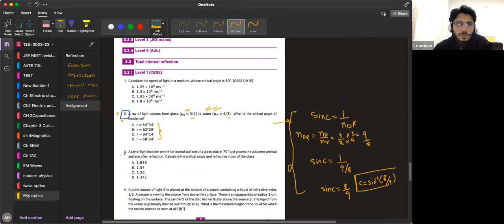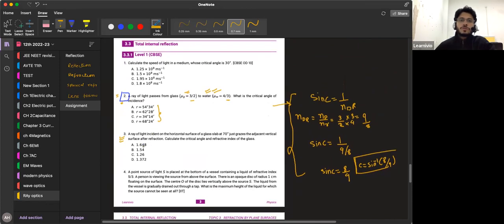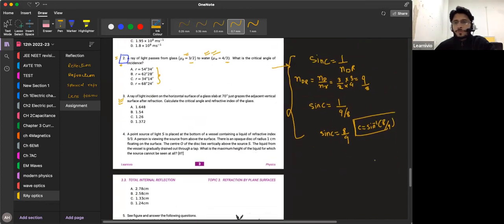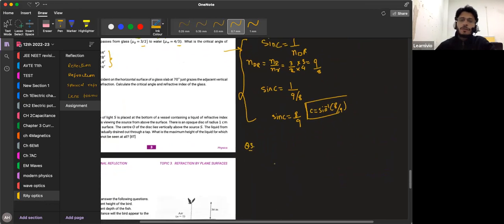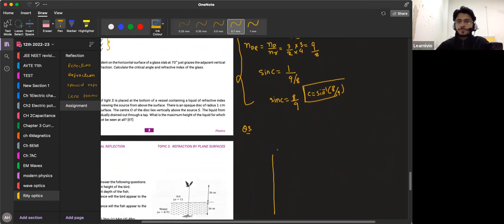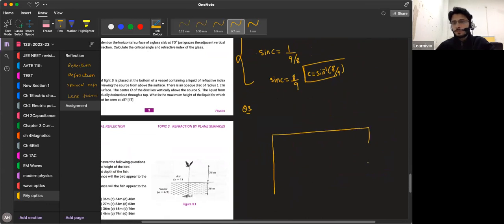See this question, question number 3. So you have a glass slab. He's saying that a light ray is incident over this face of the slab at some angle of incidence i.